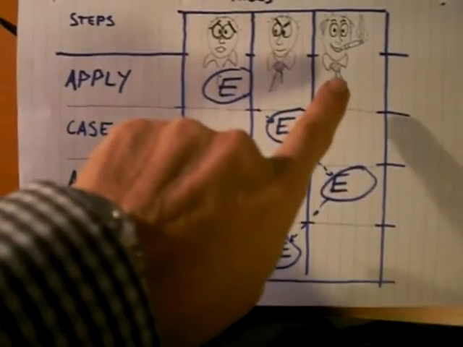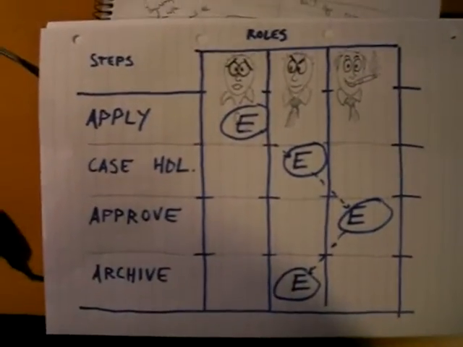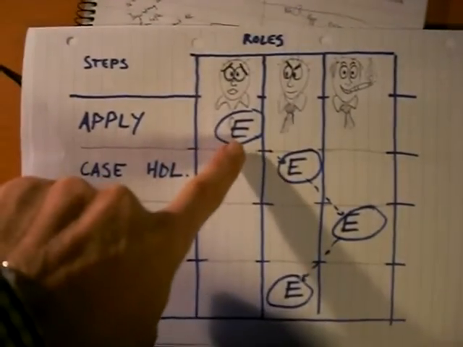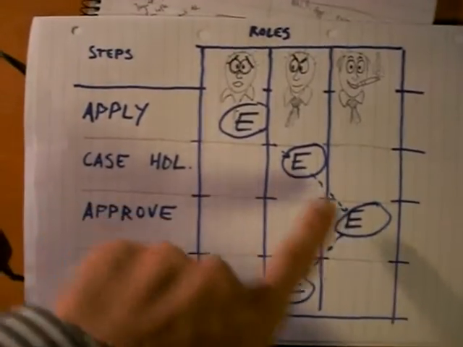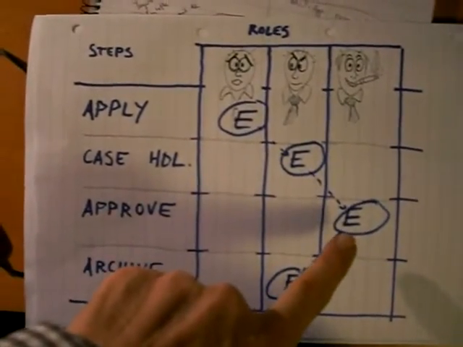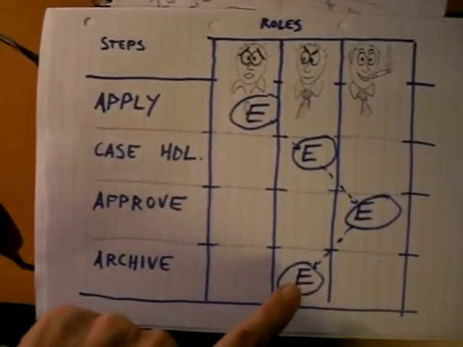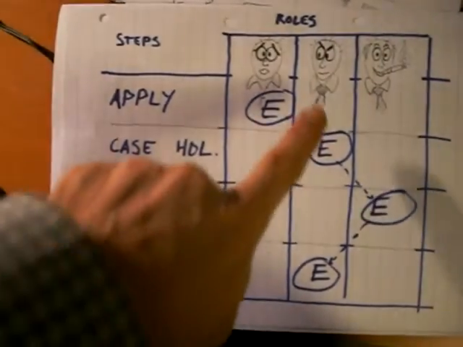And one is the approver, or the boss, the one with the cigar. You see the E's to denote that it's the applicant who executes the apply step, it's the caseworker who executes the case handling step, it's the boss who approves the whole thing, and then provided that we get past approval, or even if we don't, we archive it, and that is the caseworker who does that.